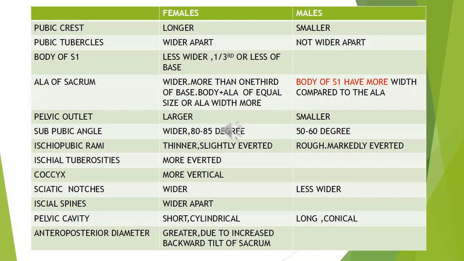In female, the cavity is short and more cylindrical, like a short segment of a long cone. Consider the anteroposterior diameter. It is much greater than in male due to the increased backward tilt of the sacrum.